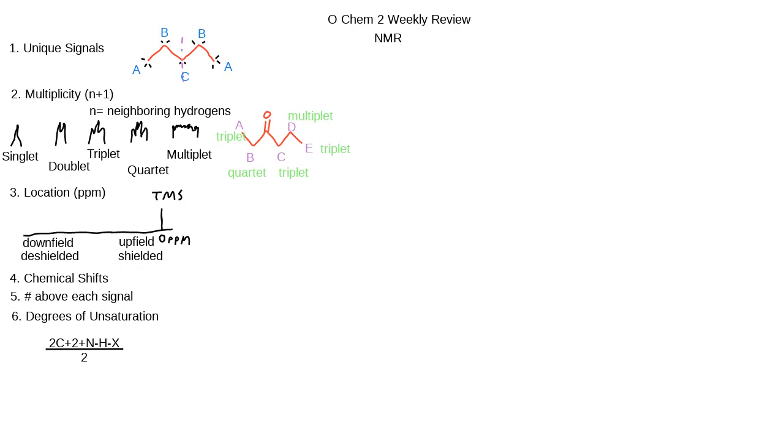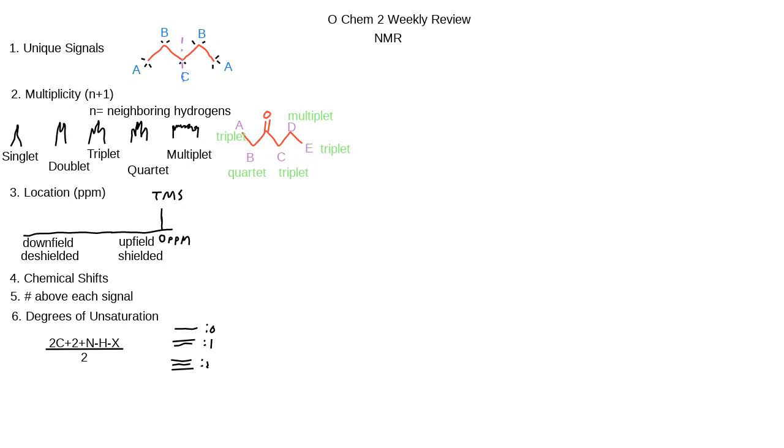So every single bond has a degree of unsaturation of 0. Every double bond in your structure has a degree of unsaturation of 1. Every triple bond has a degree of unsaturation of 2.